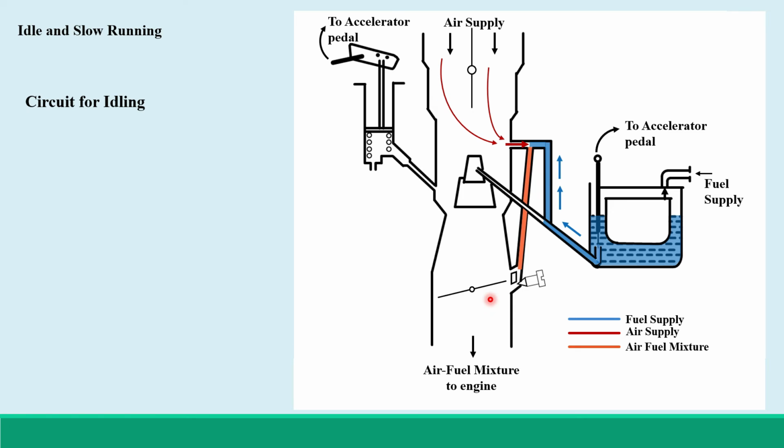Once you are having a slow running condition, which means 20% of the total load capacity, then this throttle will be opened here, and hence this port, that is low speed port, will come into picture, and instead of traveling to this port, the air fuel mixture starts to come out from this low speed port and then given to the engine.